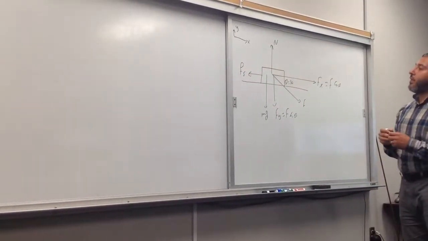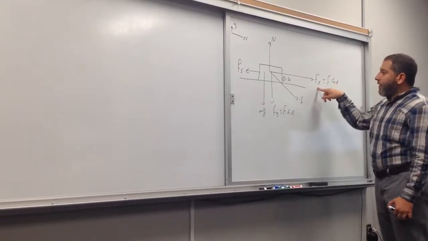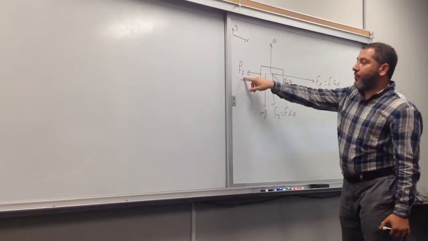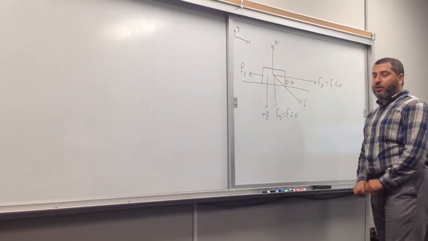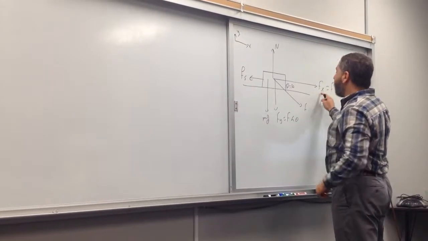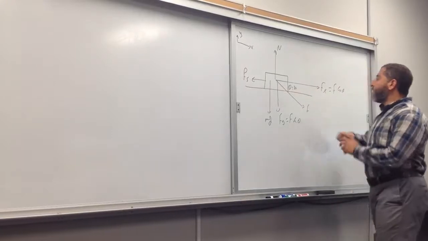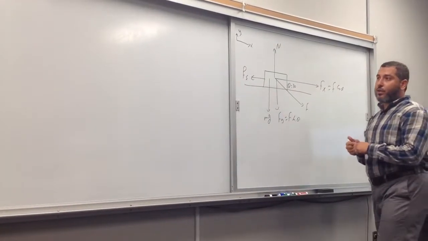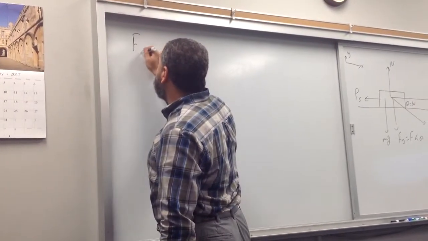So the question here, in order to answer this question, is does this Fx equal this fs? If they are equal, the object will remain stationary. But if this Fx is greater than fs maximum, that means the object will start moving.